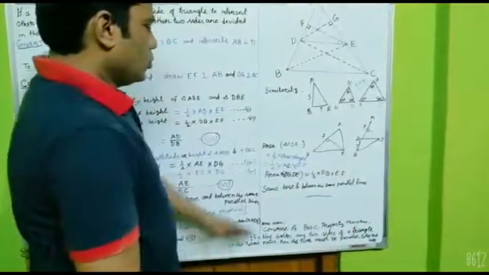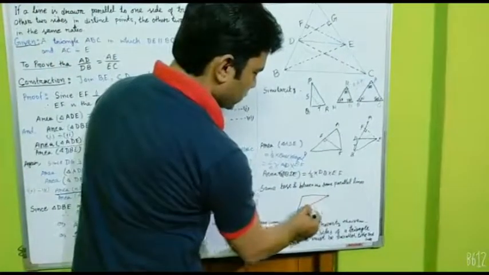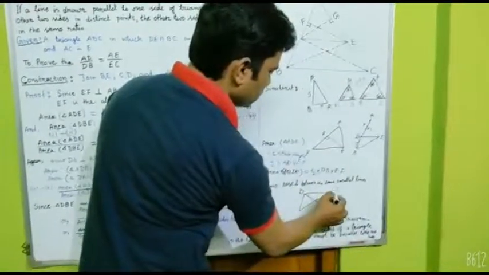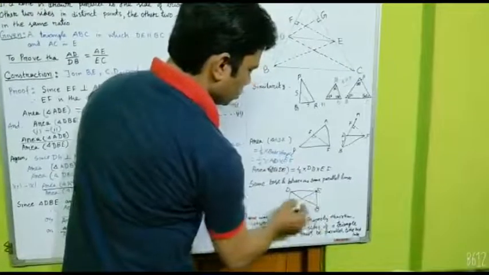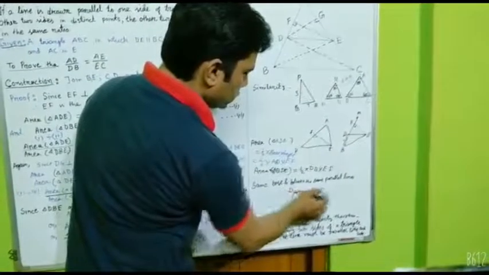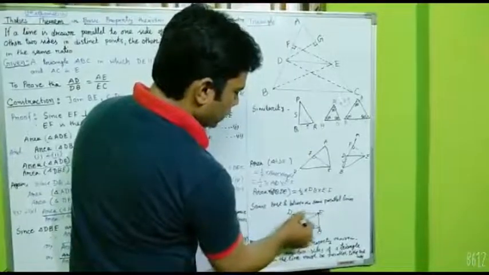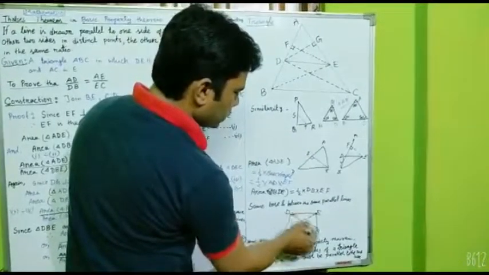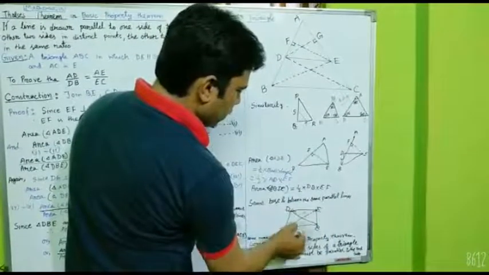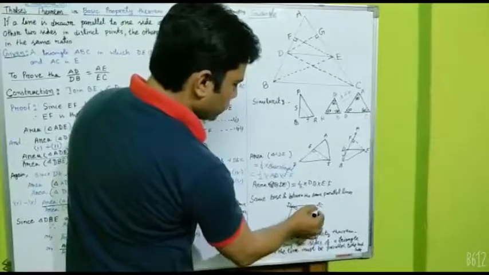Another thing: suppose this is a triangle ABC, and here DE is parallel to AB. The two triangles ADE and BDE, that is DAE and DBE, are both between the same two parallel lines and on the same base, that is DE.